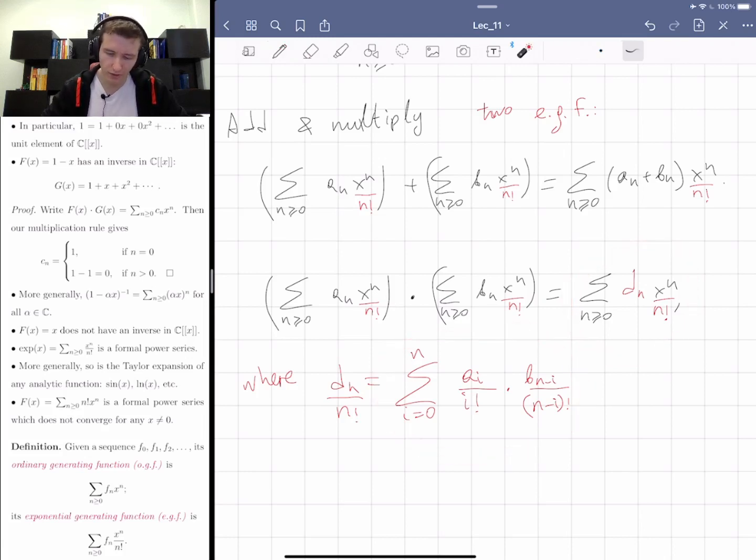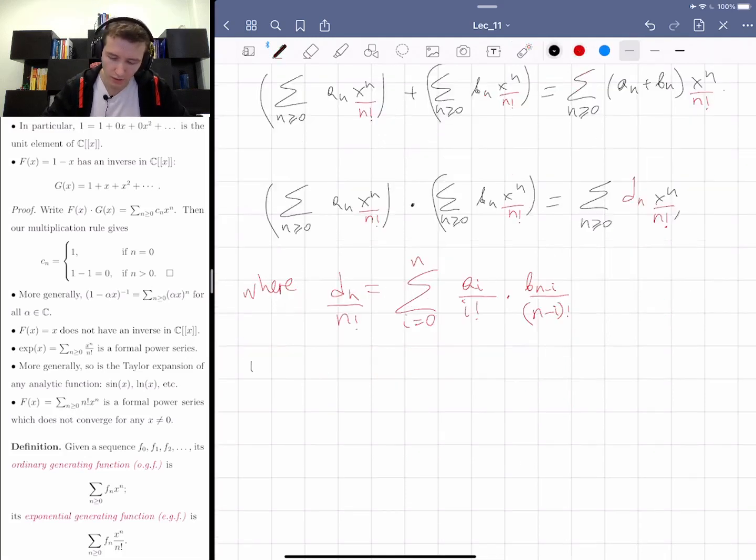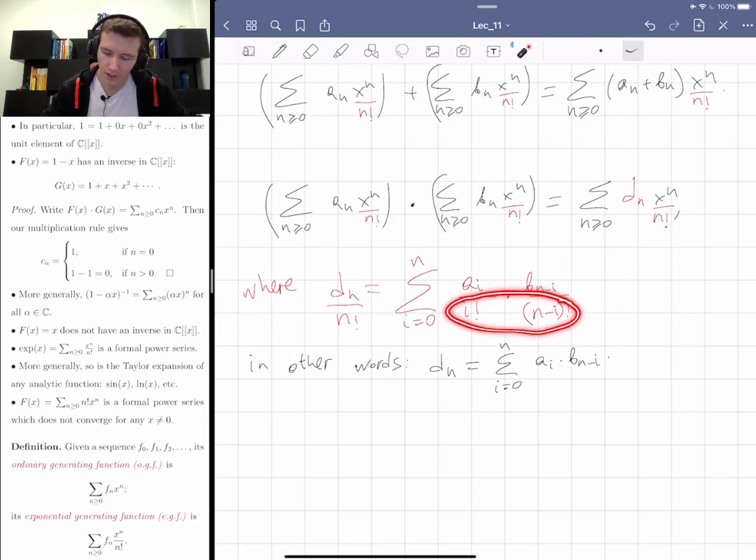But then I can transform this. I can multiply through by n factorial, and I get d sub n equal to the sum over i from 0 to n of a_i times b_{n-i} times n factorial divided by i factorial times (n minus i) factorial.